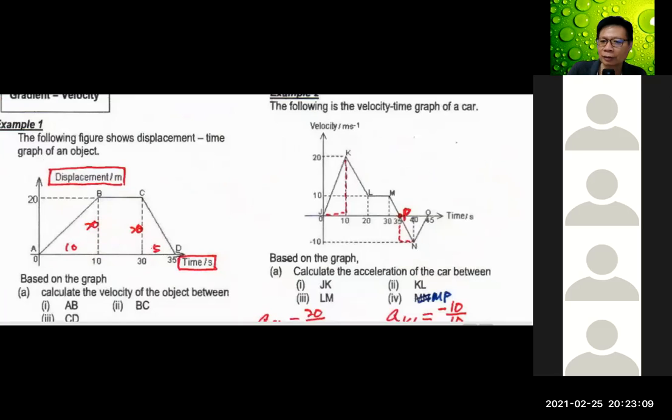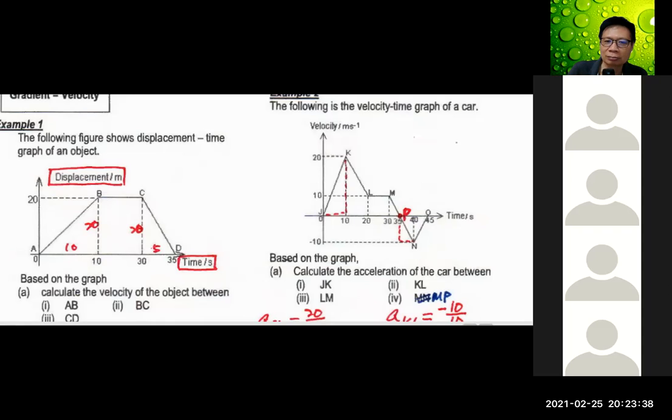Okay. Hui Ling, for the second graph, the velocity time graph, how to find displacement? How to find displacement from a velocity time graph? Can or not?